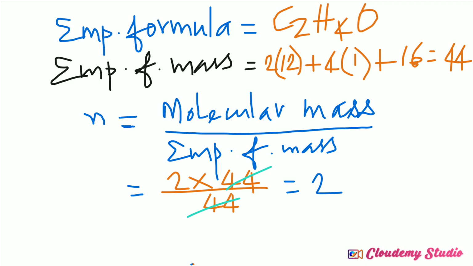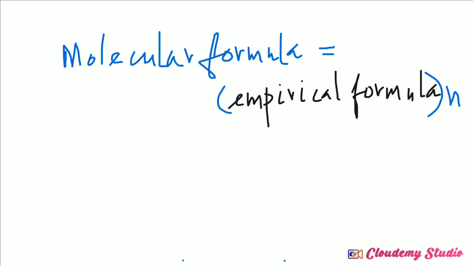Now we have got the value of n. Next we are going to calculate the molecular formula, that is equal to empirical formula times n. If we multiply the value of n with the empirical formula, we will get the molecular formula.